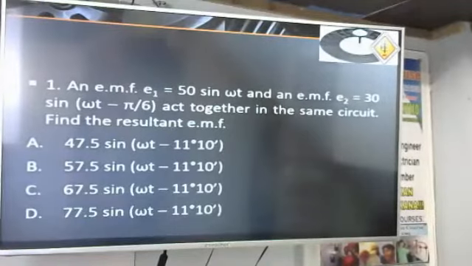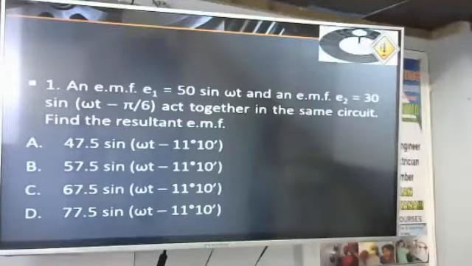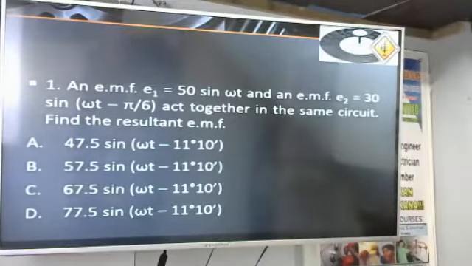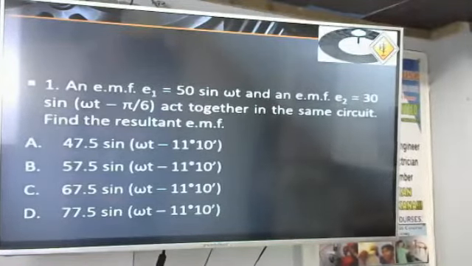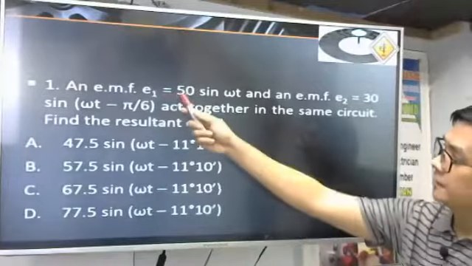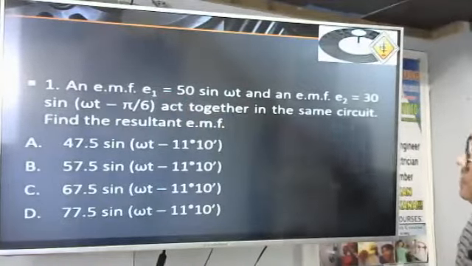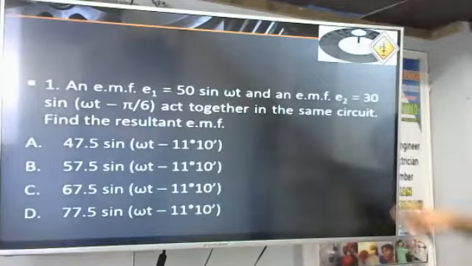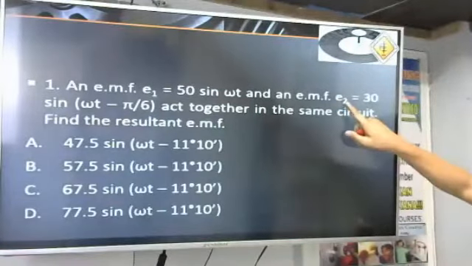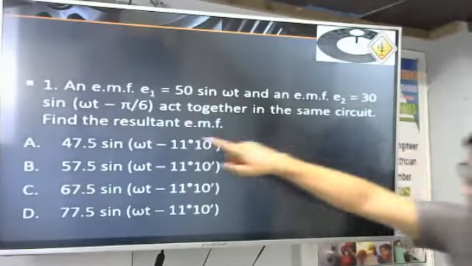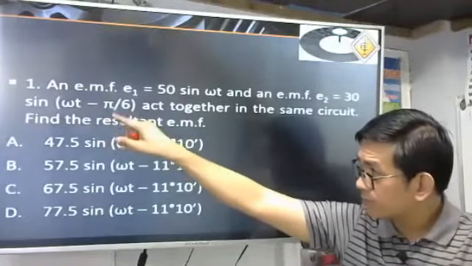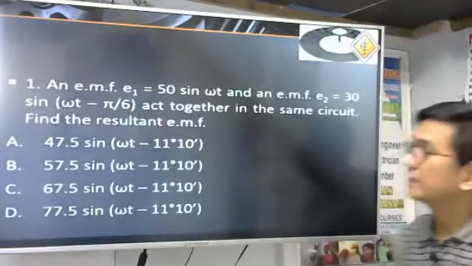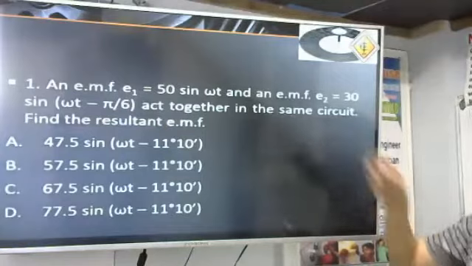So we have problem number 1. An EMF E sub 1, 50 sine omega t, and an EMF E sub 2, 30 sine omega t minus pi over 6, act together in the same circuit.